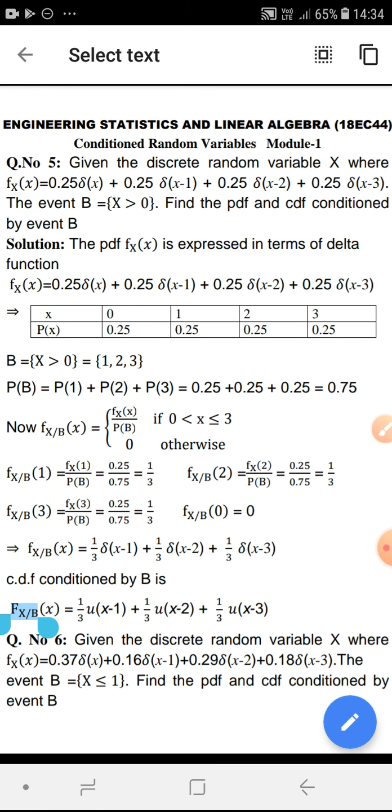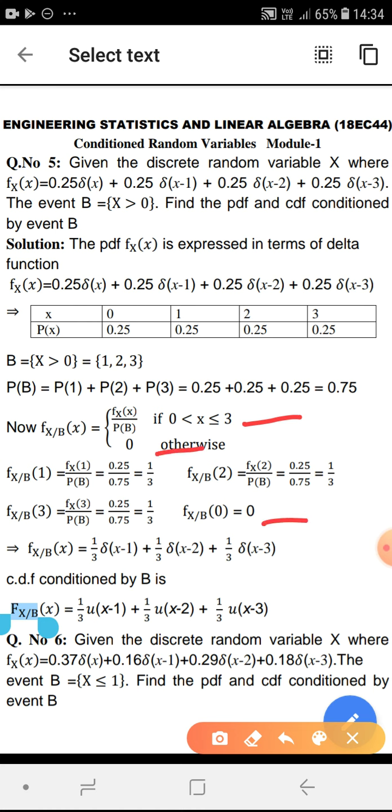Since x is equal to 0 is not included in this interval, for x is equal to 0 the conditioned probability density function will be 0, otherwise. Once you get each of these probabilities for x is equal to 1, 2 and 3, then you can write the conditioned probability density function.